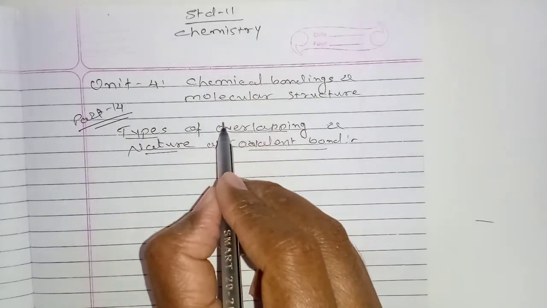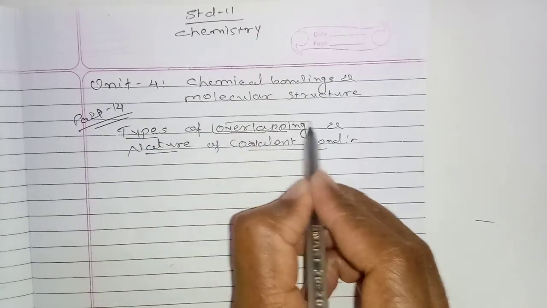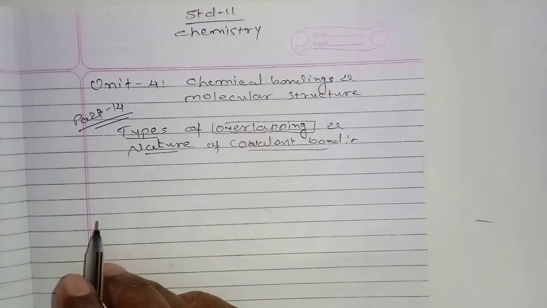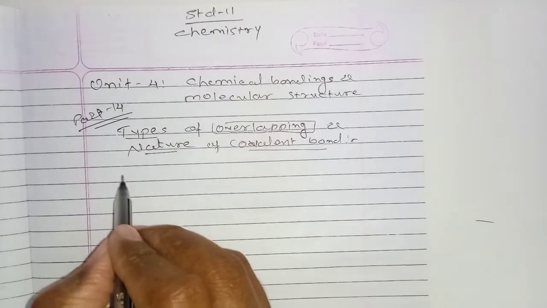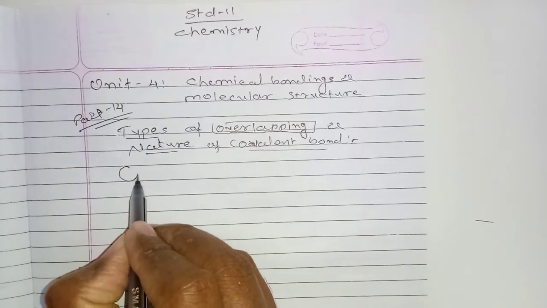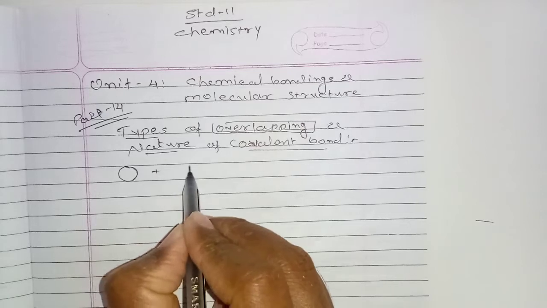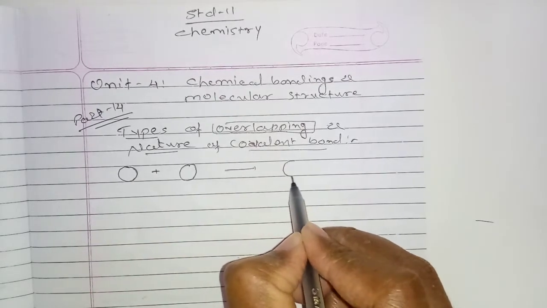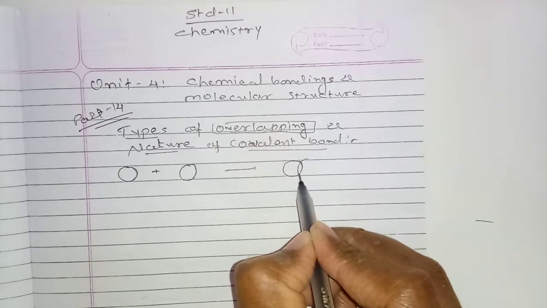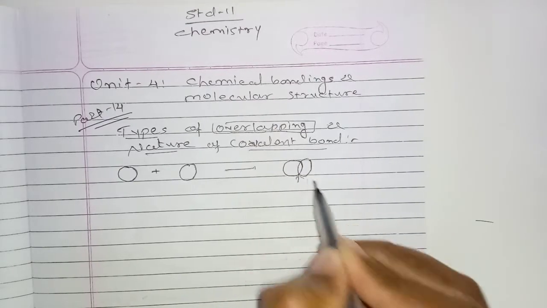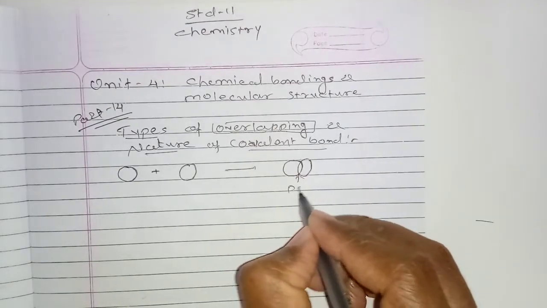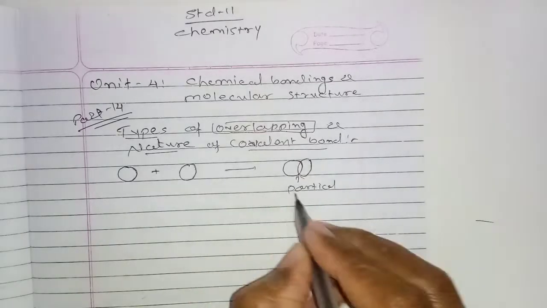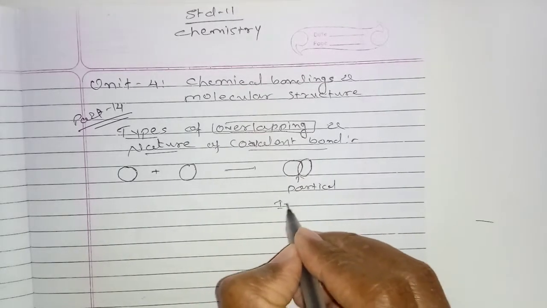We have already discussed the overlapping of orbitals. Here, if a 2s orbital is overlapping, this portion is called partial interpenetration.